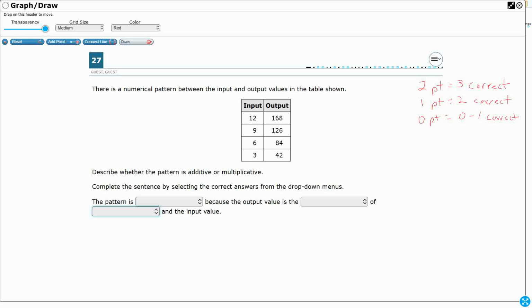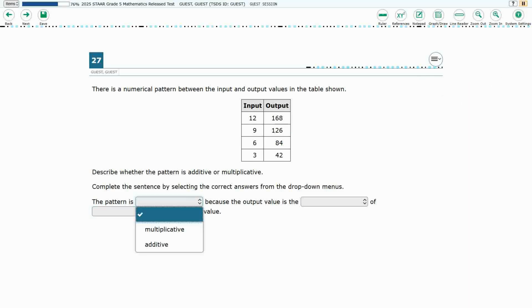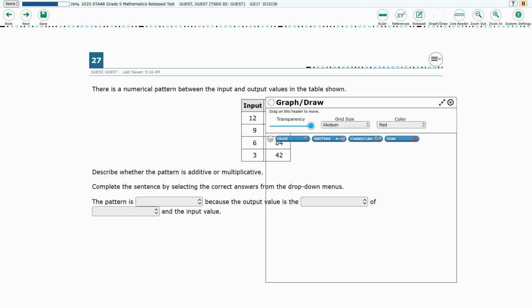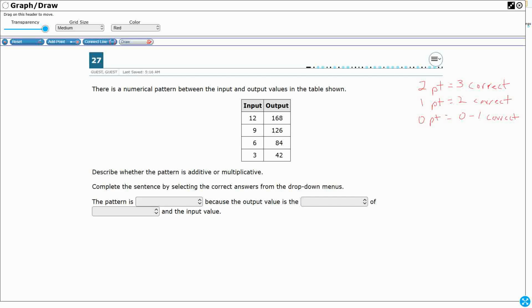So let's get all 3 correct. And you notice here that if we try to answer 2 and skip the 3rd, it is going to say we have an empty spot error. Let's make sure we get all of these in there so we can get both of our points.